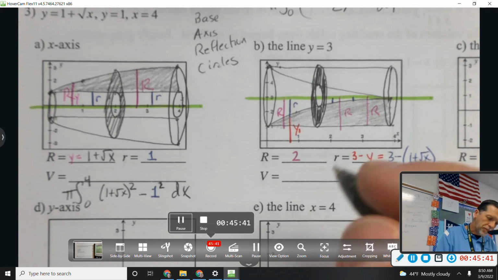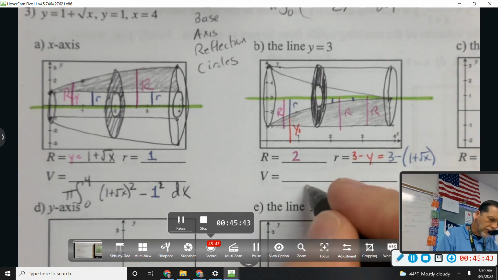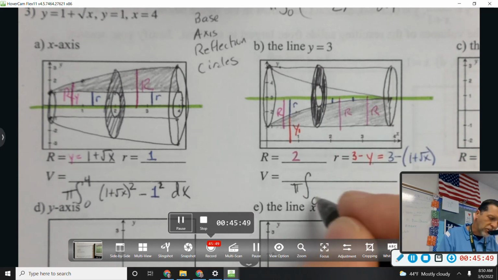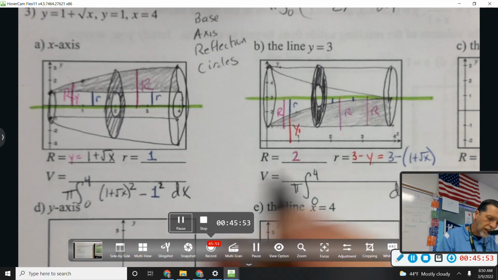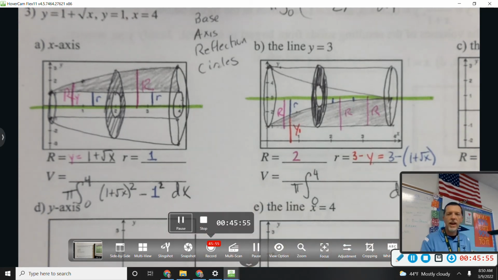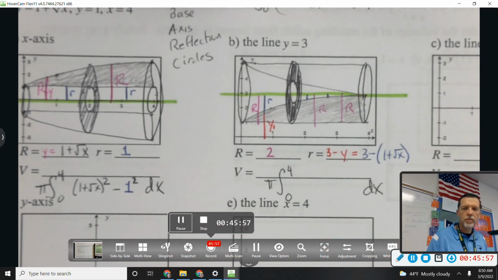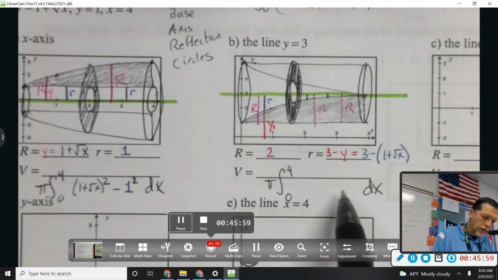We haven't really been doing this, but maybe it's helpful, after you get the picture, to start the integral. That way you'll know those washers are stacked up in the x direction, so this is a dx problem. So 0 to 4, and that means everything in there has to be in terms of x.